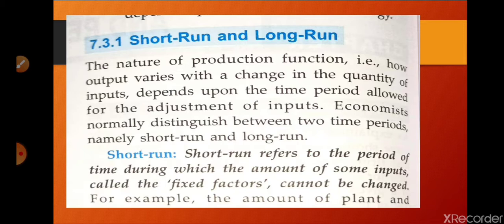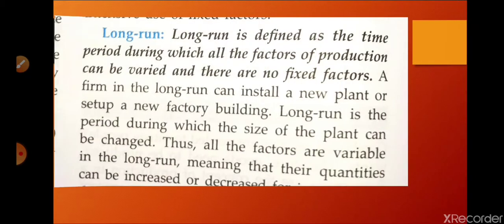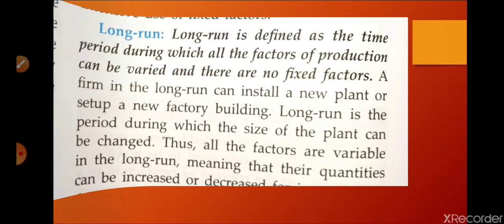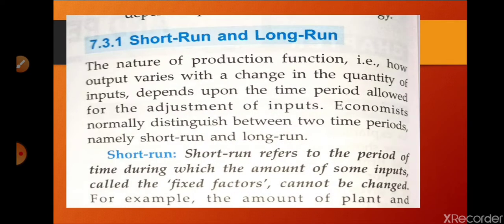Fixed factor means the machines which are being used, the plant; he cannot change them. So in the short run the plant is fixed, and only variable factors can be changed, maybe the input or maybe the labor. So these two factors can be changed only in the short run. By mistake I said long run, but that was short run.